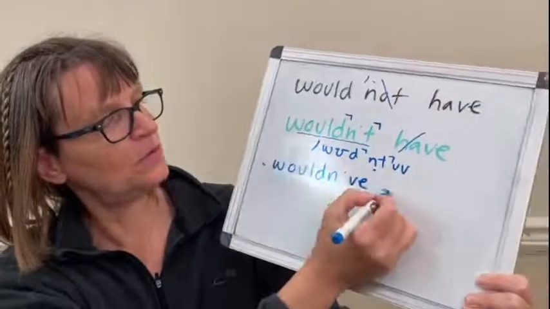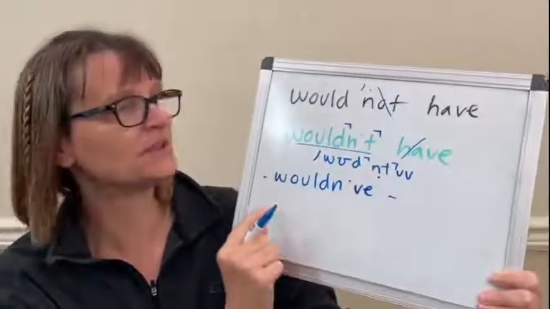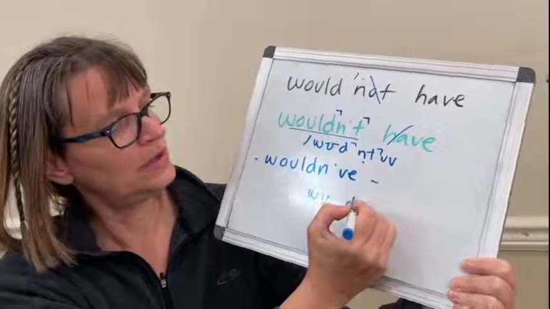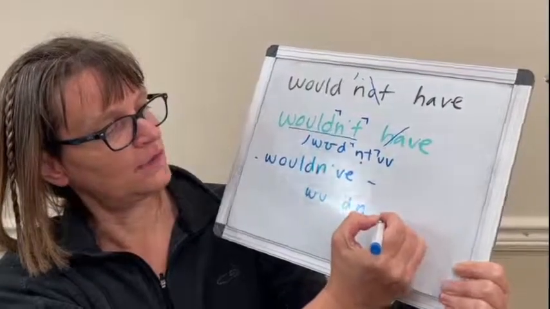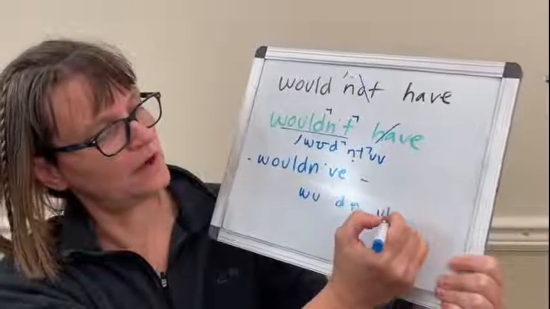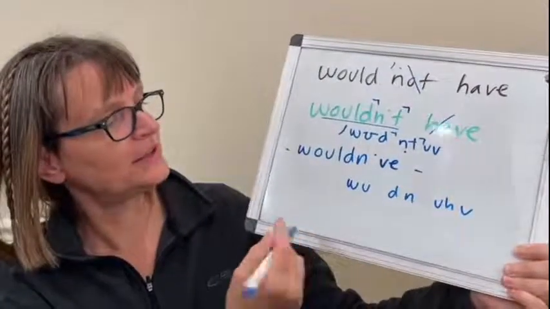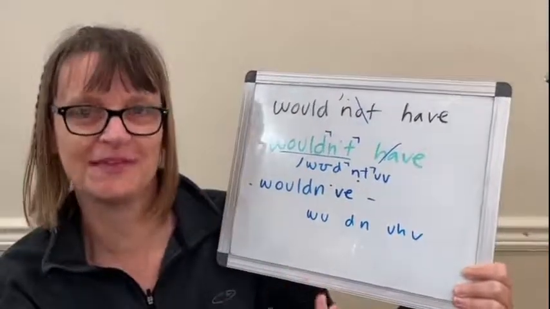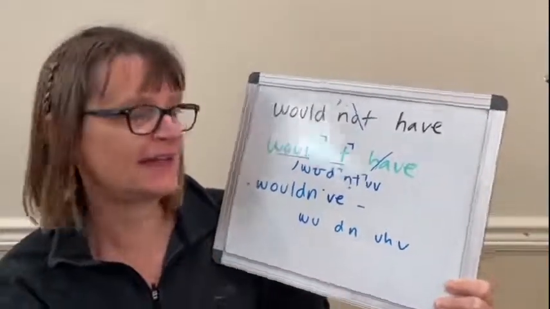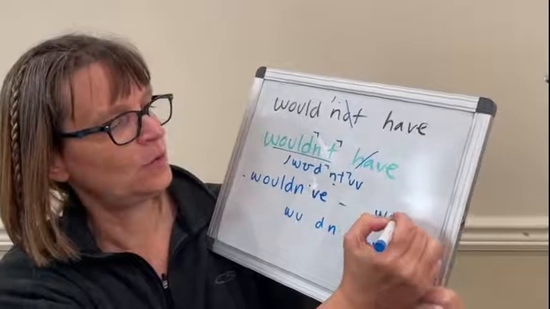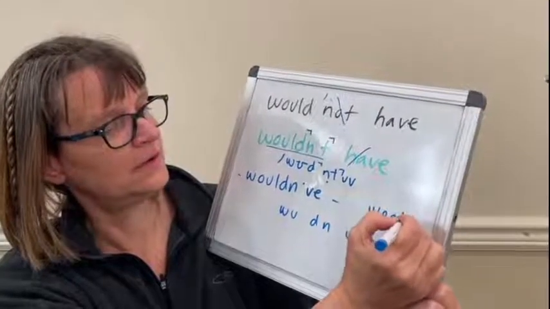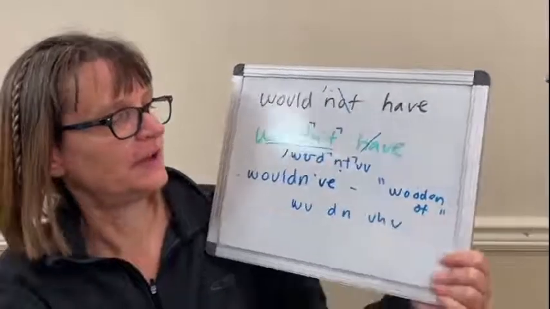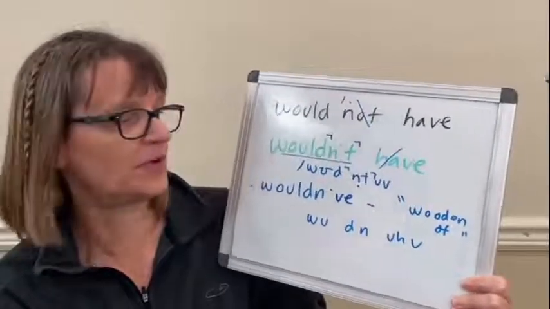So what you really will hear when people are saying would not have sounds like "wouldn'a," which is why when kids who speak this try to write it down, they might write "wouldn't of," the word of, because it's the same as pronouncing.